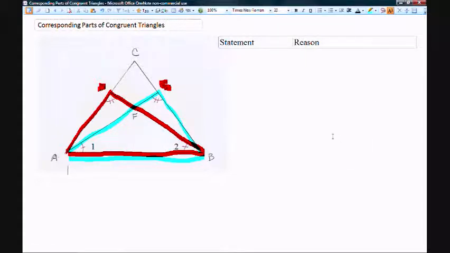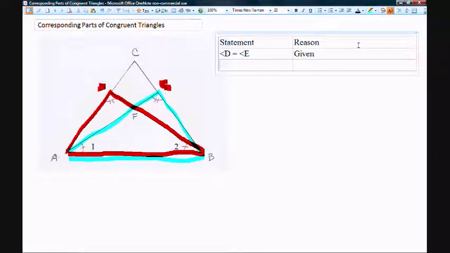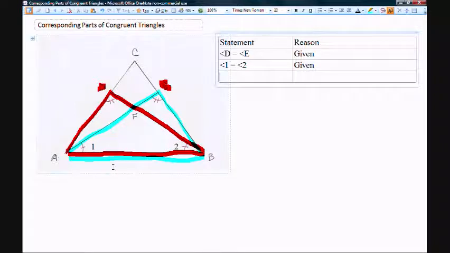So after interpreting this picture, what you want to do is write down what you're given first. What you're given is that angle D is congruent to angle E, and you're also given that angle 1 is congruent to angle 2. After analyzing the picture, you also discover that side AB is shared by both triangles.